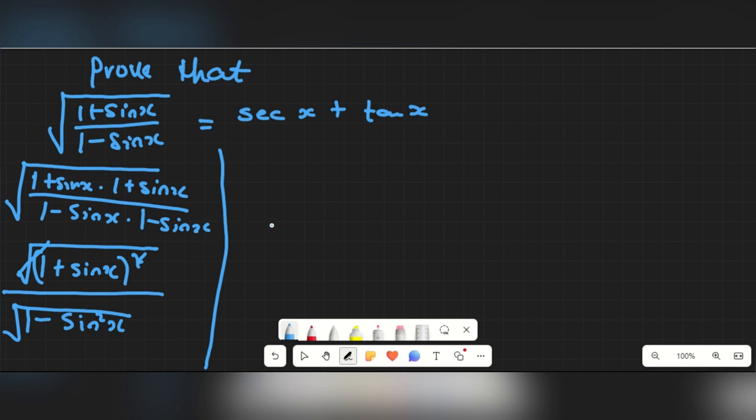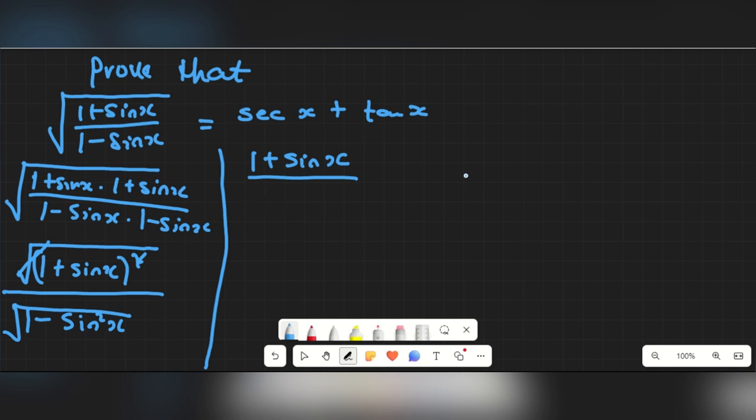So now that is done, we're going to be having 1 plus sine x all over the square root of 1 minus sine squared x.